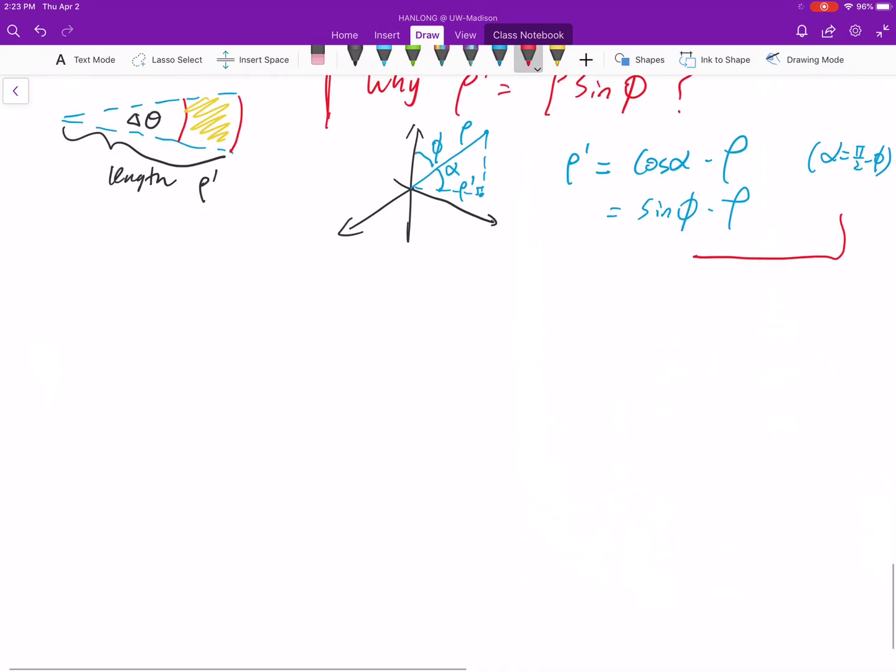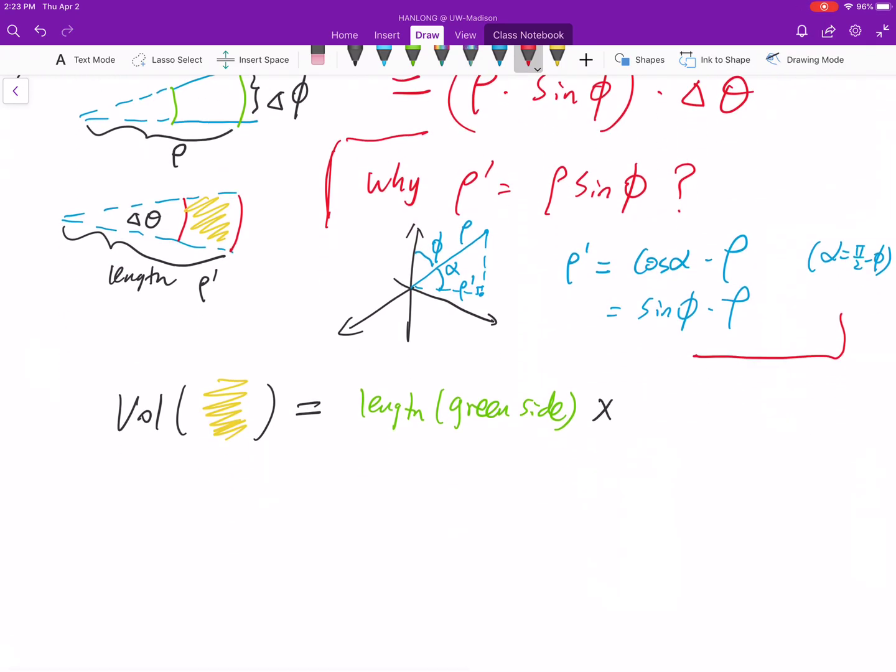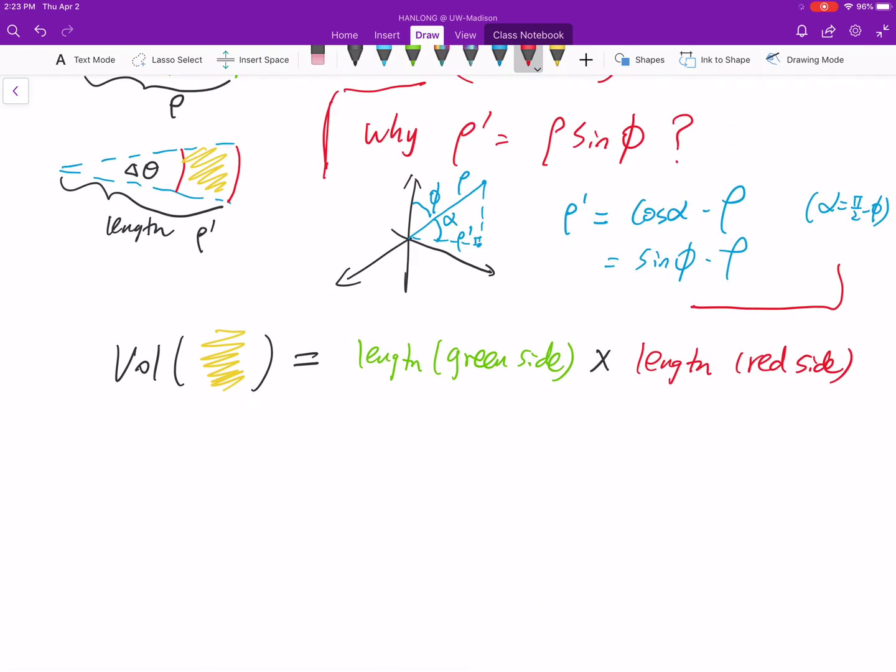Okay, so if you combine everything, then the volume of the yellow part is given by the length of the green side times the length of the red side times the length of the blue side, approximately.